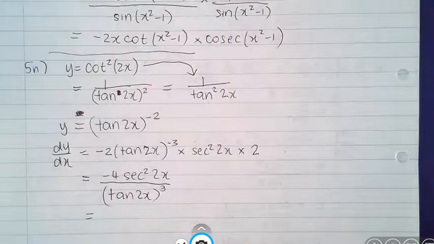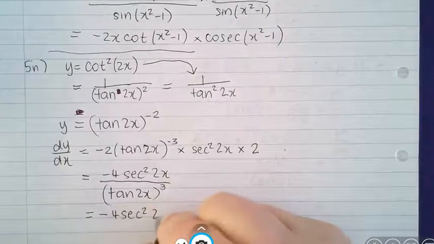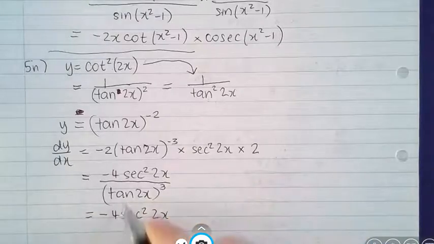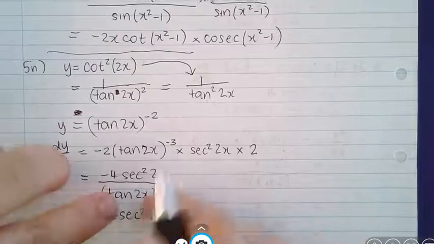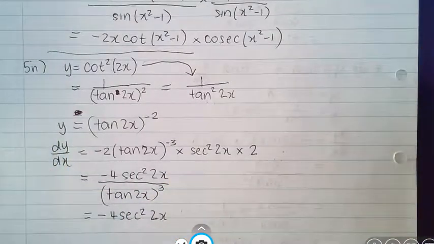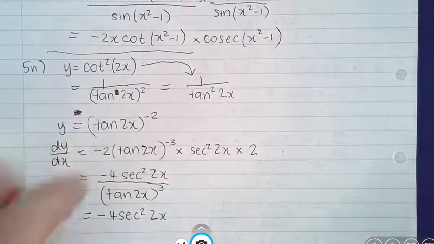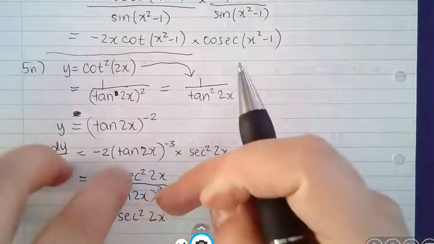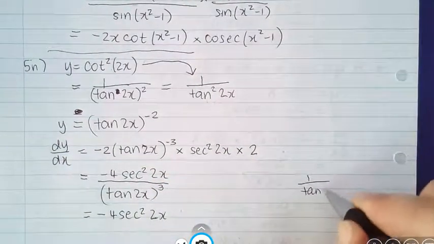To simplify this, I've got negative 4 sec squared 2x. Now I can write divided by this, or I can stick this back up onto the numerator, but not as a tan, but as a what? This is 1 on tan. What's 1 on tan? The fact that the tan of 2x is on the denominator, guys, 1 on tan is what?